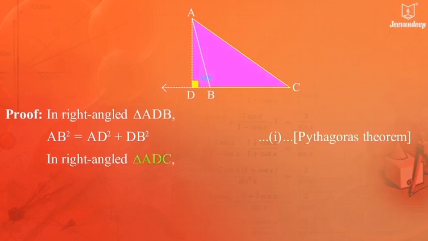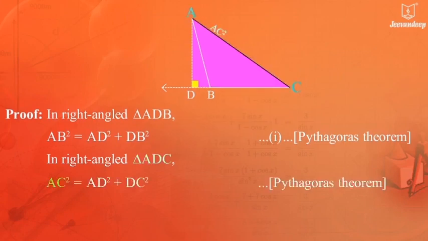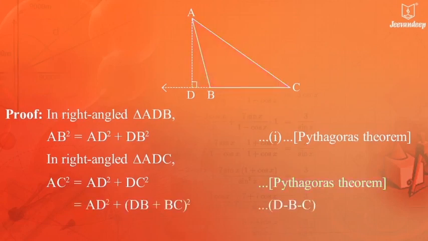In right-angled triangle ADC, AC square equals AD square plus DC square, according to Pythagoras Theorem. Replacing DC by DB plus BC as DBC is a straight line, we get AD square plus DB plus BC whole square.